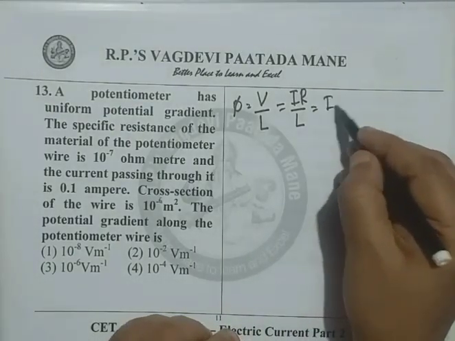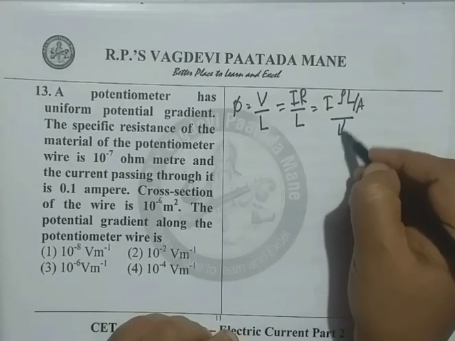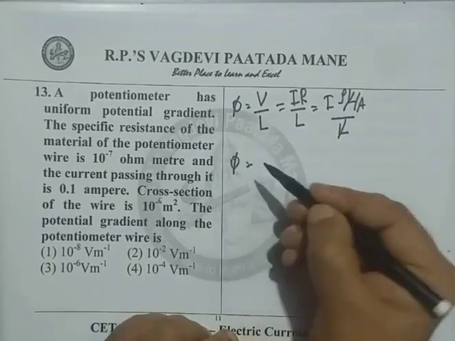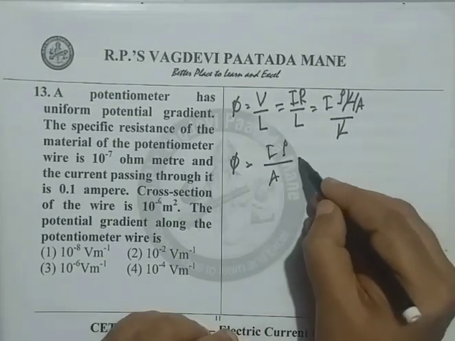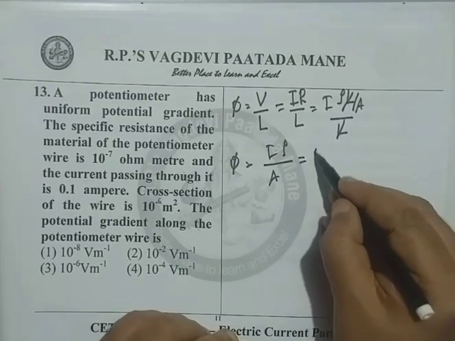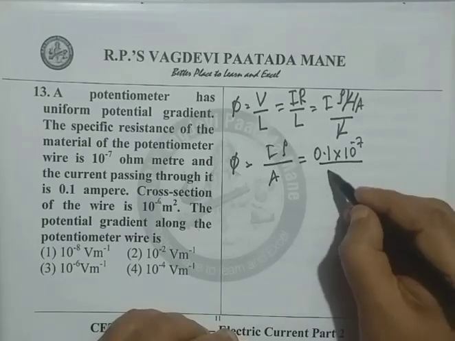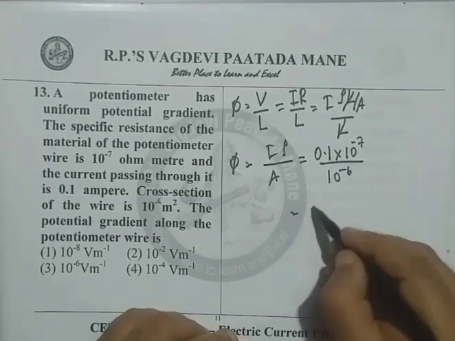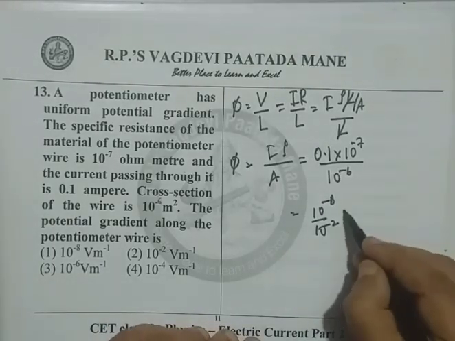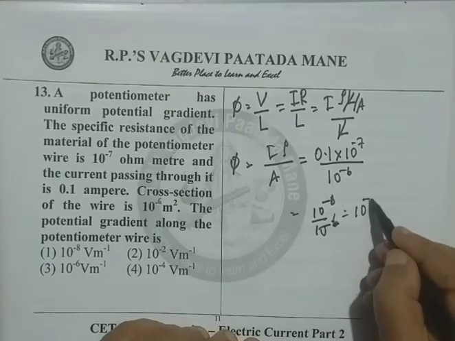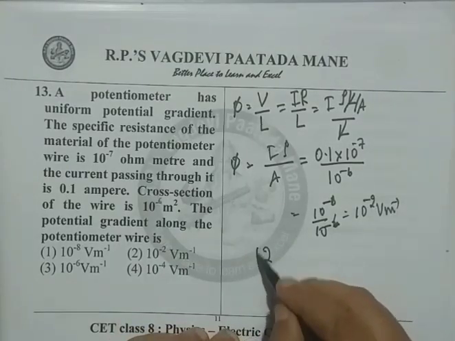I can write it as I rho L by A divided by L. This L cancels, so phi is equal to I rho by A. We substitute everything. I is 0.1, rho 10⁻⁷ divided by area 10⁻⁶. I can write this as 10⁻⁸ by 10⁻², that means 10⁻⁶. So 10⁻² volt per meter is the answer. Second option is correct.